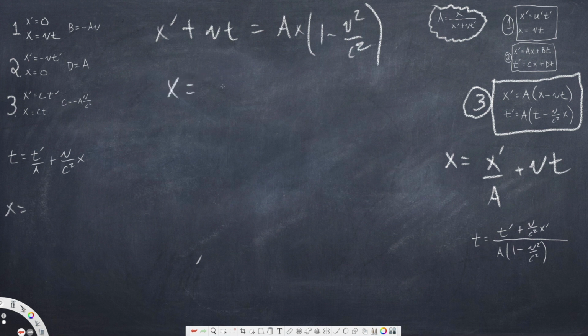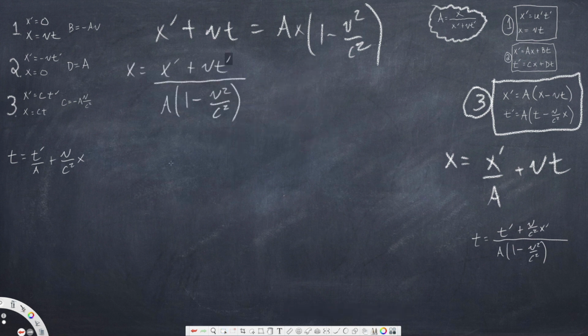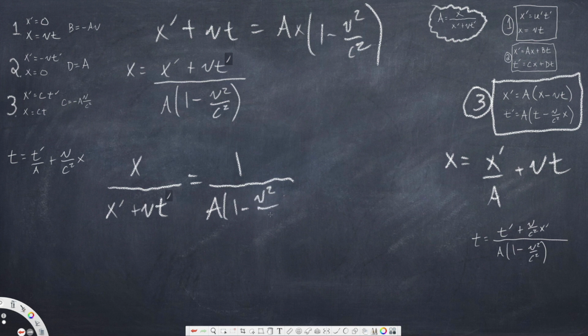So then we get x equals x prime plus vt over a times 1 minus v squared over c squared. So we divide both sides by what's on top here, and we get x over x prime plus vt equals 1 over a times 1 minus v squared over c squared.